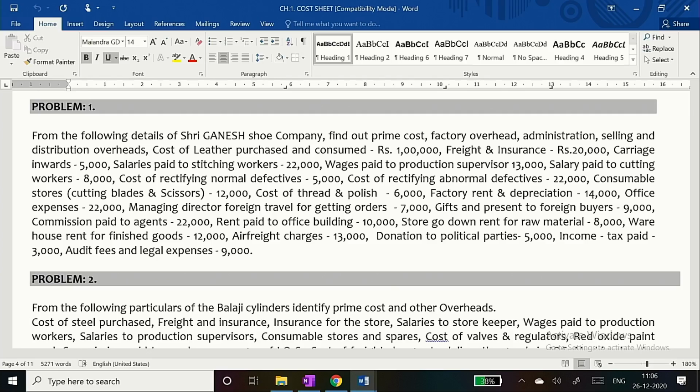Second, freight and insurance 20,000. Freight and insurance or any expenditure incurred in bringing the raw materials to the factory. For example, apples. In Kashmir, they are very, very cheap. They will be thrown down in the trees. But when the apple comes to India, Chennai, it's priced 20. Why?